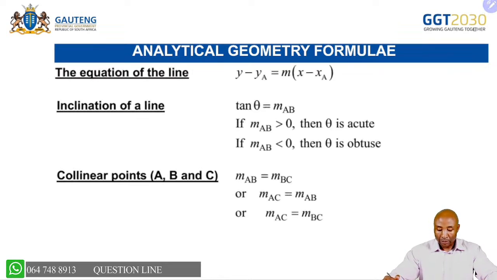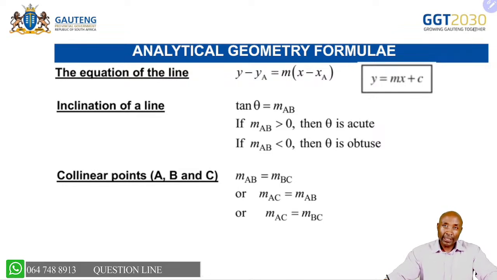We move on now to the equation of a line. We have seen the formula, and we also have this one that we also use in our paper 1, y is equal to mx plus c. And we know that m is our gradient and c is our y-intercept. Then there is another form, especially when our gradient is a fraction.